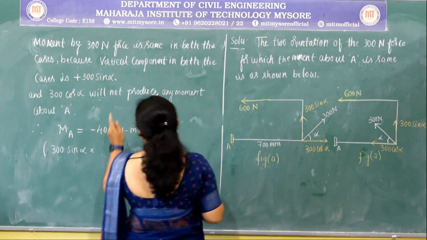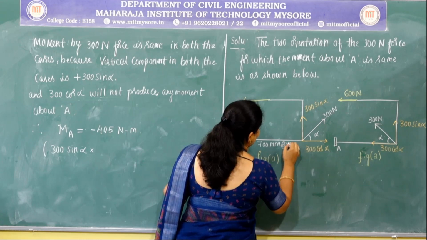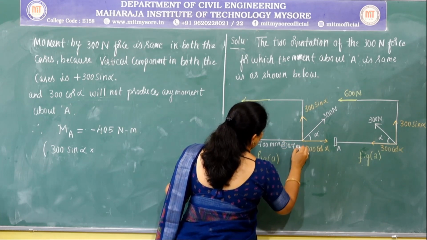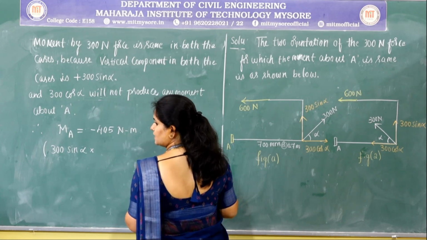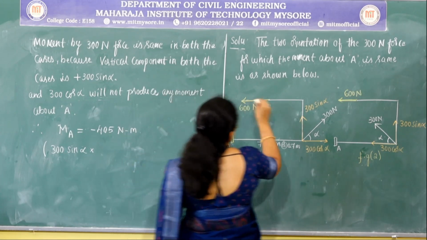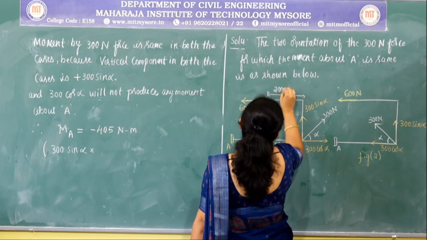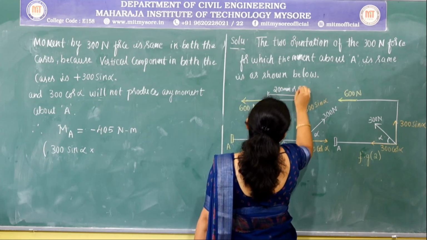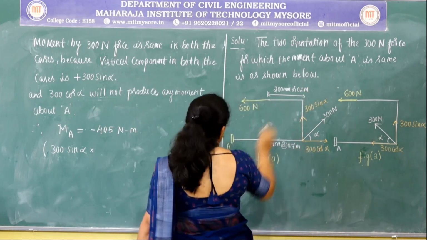Since the moment is given in Newton meter, I am going to convert this to meter, so this is 0.7 meter, and another one given is 200 mm, which can be written as 0.2 meters.